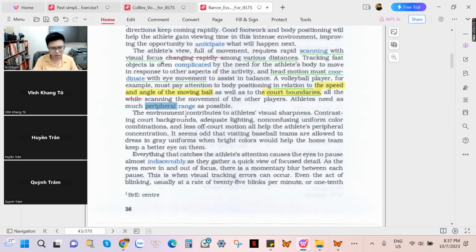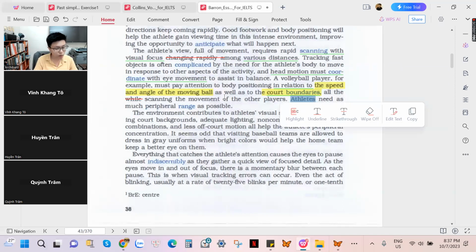Peripheral, all right? Whenever you see the ending A-L, that is the end of an adjective. Athletes need as much peripheral range as possible. What do they talk about, and why do they use the word range like this?